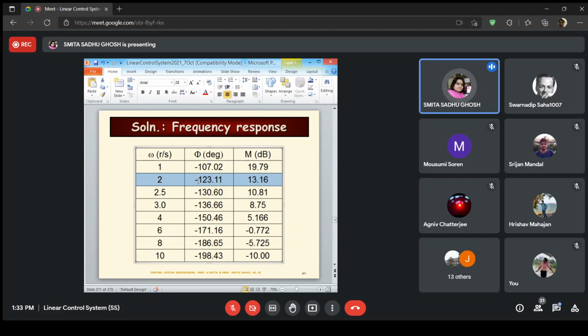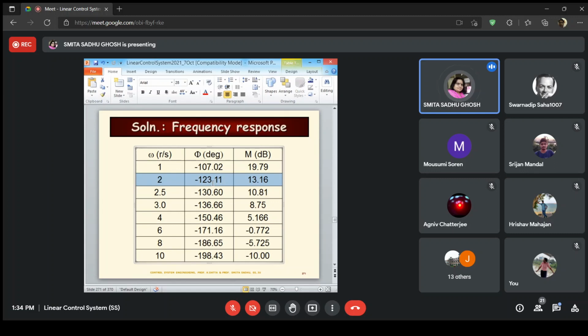Fine. Now, as far as the phase is concerned, what happens? I have a minus 123 degrees over here from the uncompensated system. Now, if I put in my compensator, at 2 radians per second, how much phase lag would I want from a compensator, so that finally the compensated system phase margin will be equal to 45 degrees? Phase margin being 45 degrees means ultimately the value of the phase is going to be minus 135.